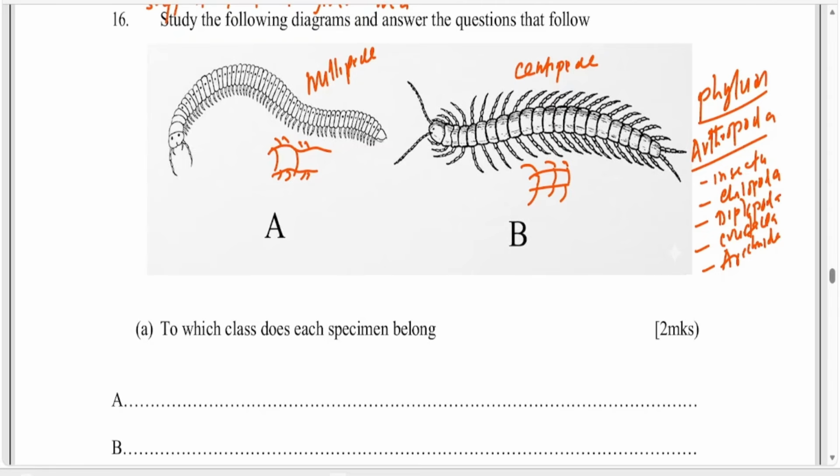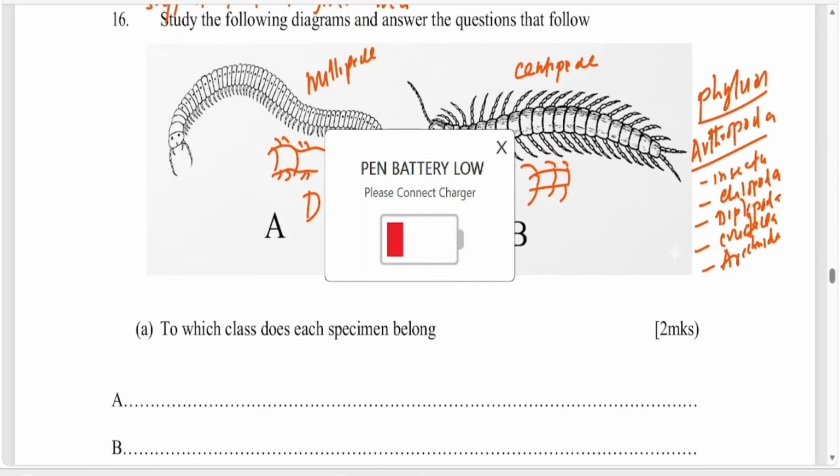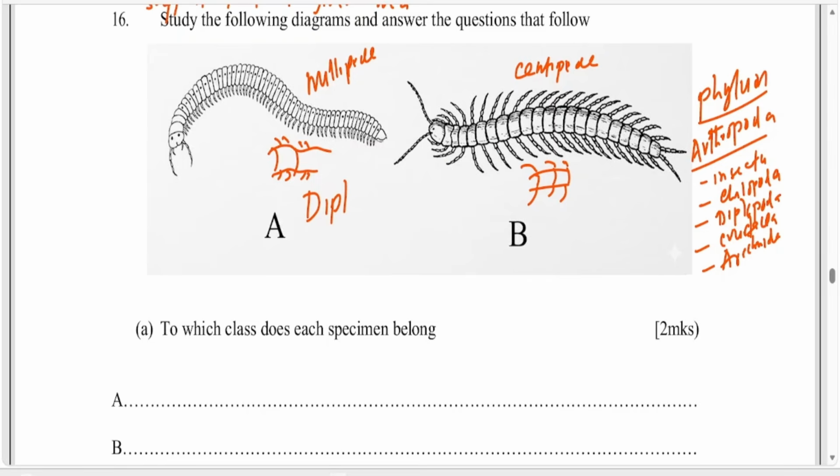So millipede is classified under the class Diplopoda because of two pairs of legs per segment, and centipede lies under the class Chilopoda.